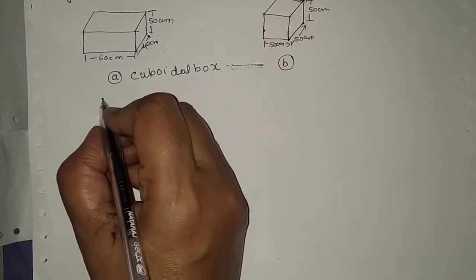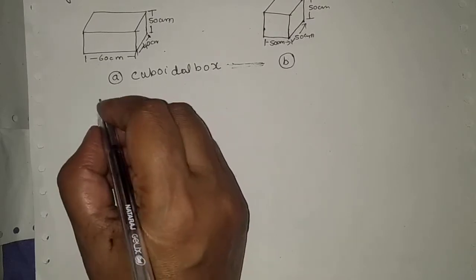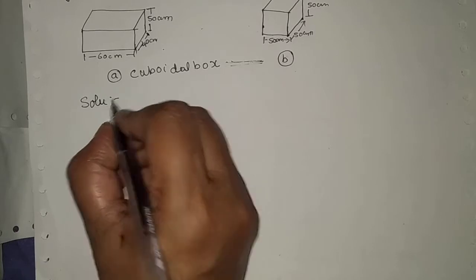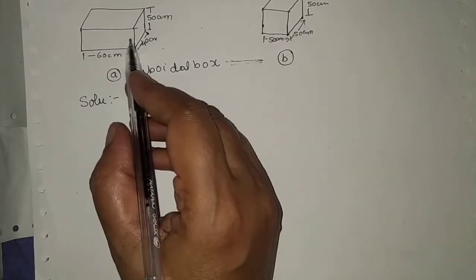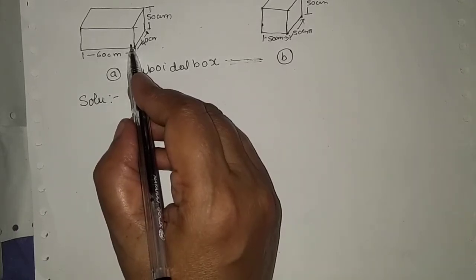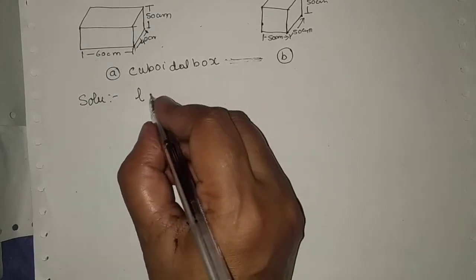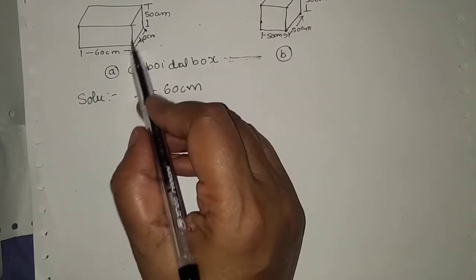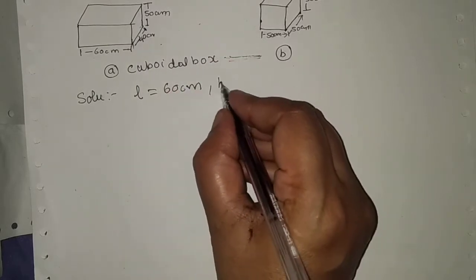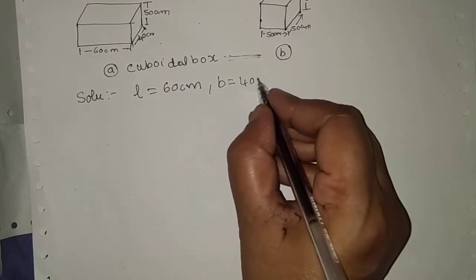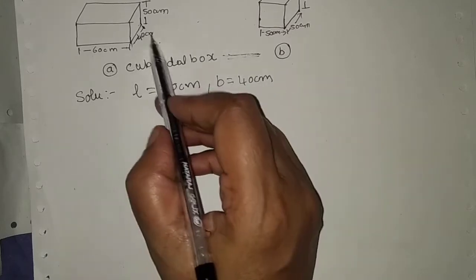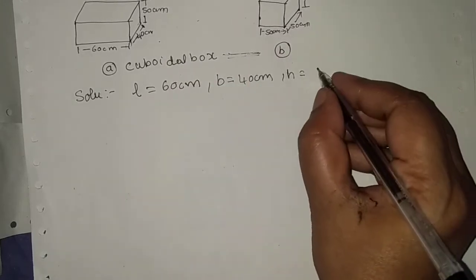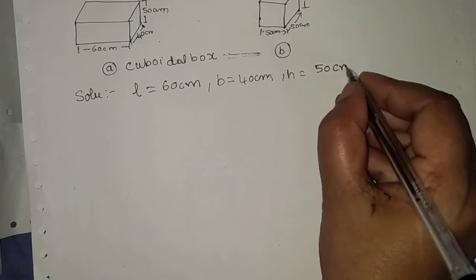We take the first one. This is the first one. Solution: what are the given data? Length is 60 centimeters, breadth is 40 centimeters, and height is 50 centimeters.